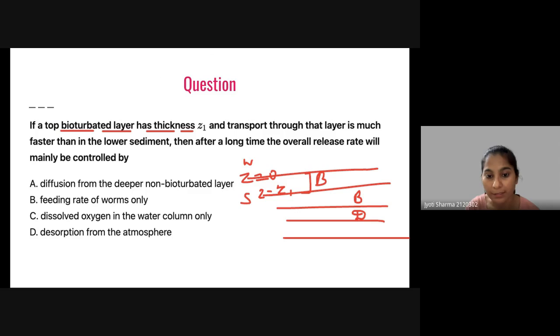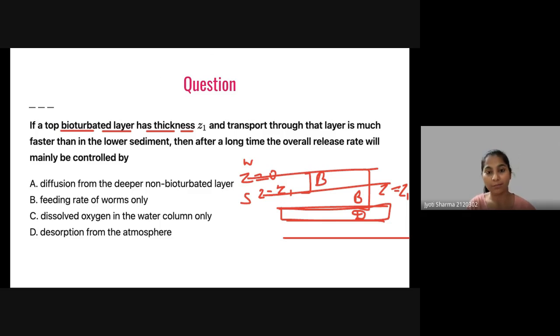So let's say this whole is your Z equal to Z1, and below this is your lower sediment, where there is just diffusion but not the bioturbated layer.